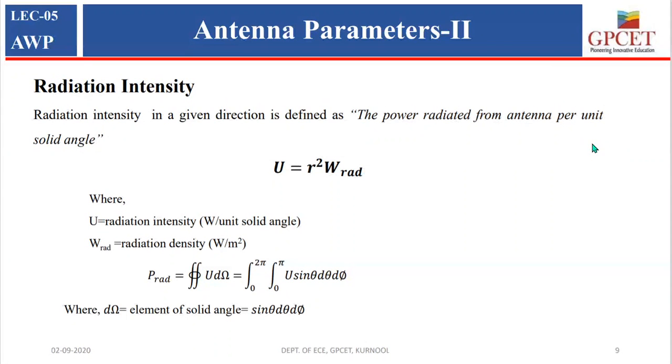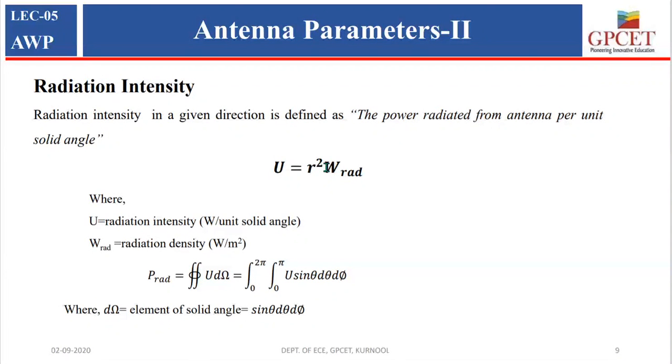Without this r square, the radiation intensity would become the radiation power density. This r square indicates a small sphere of surface area r square. That means we are representing this power density in terms of solid angles. The power radiated from the antenna per solid angle is nothing but radiation intensity.